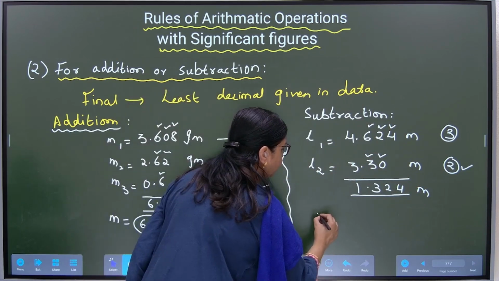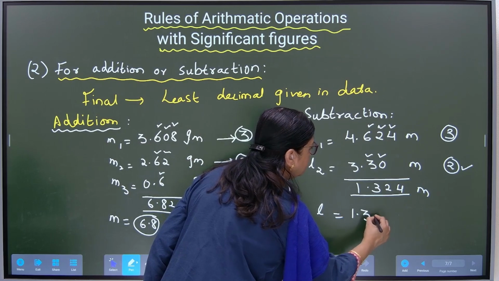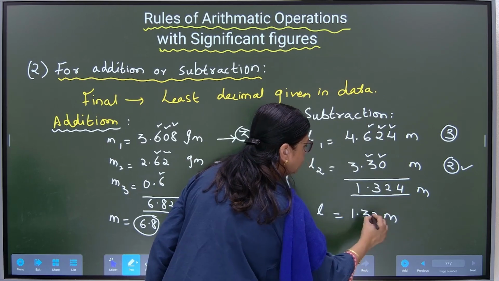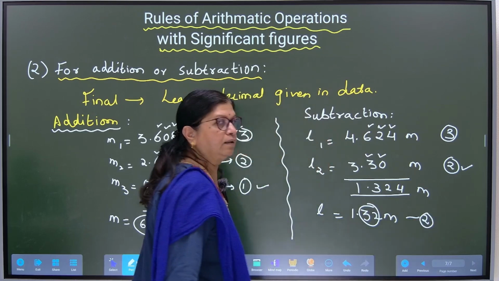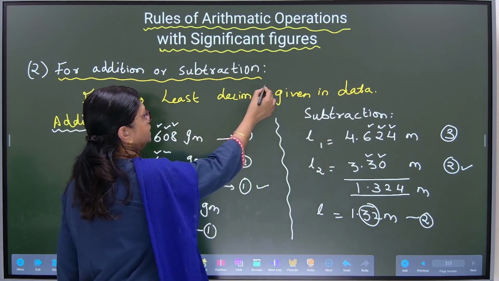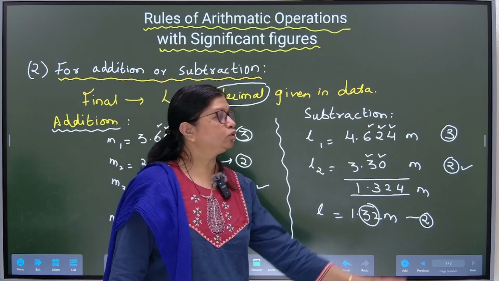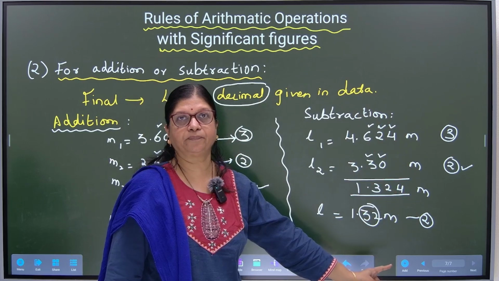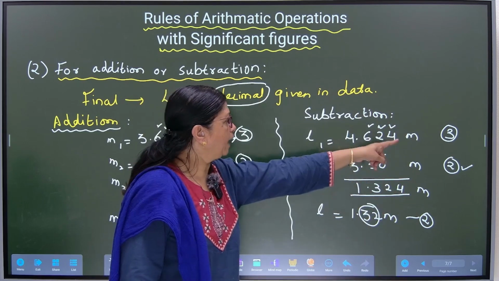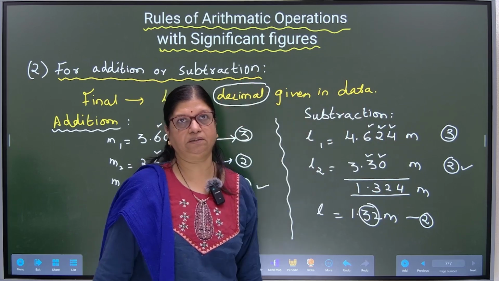So here I write L is equal to 1.32 meters, which is having 2 decimals. Remember, these are decimals, not significant numbers. So my final answer should have 2 decimals because my data had least 2 decimals.